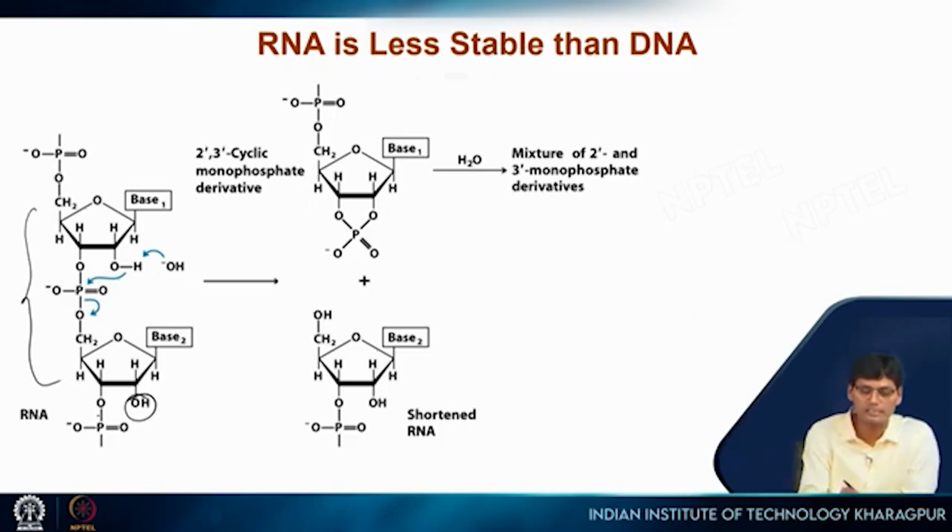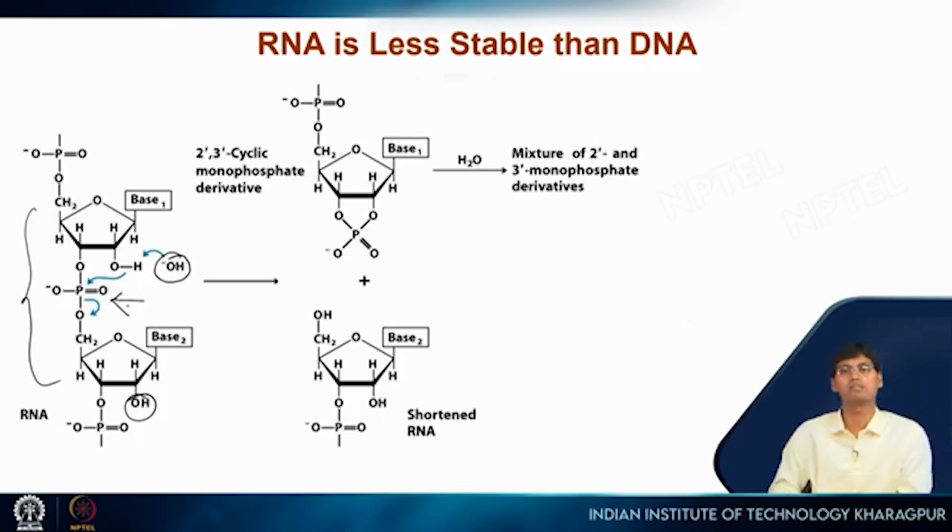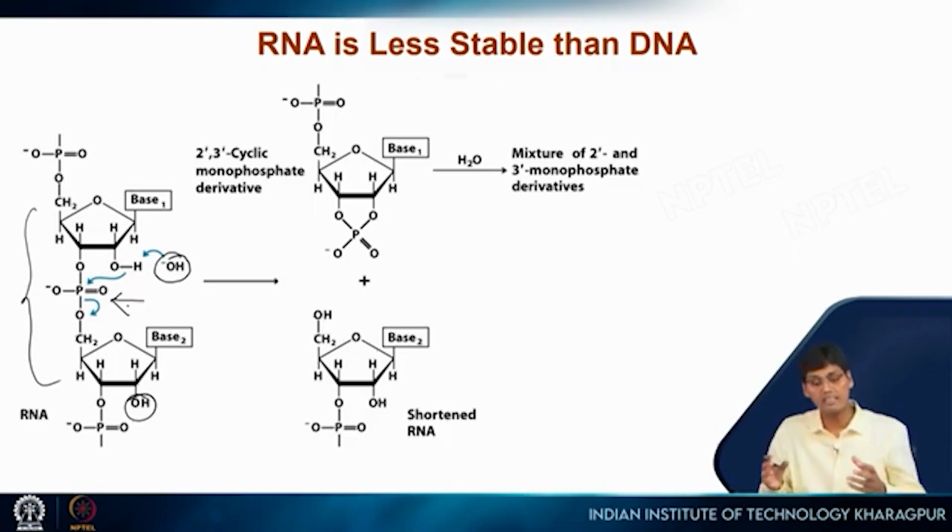In that condition, we have excess OH minus ions in the surroundings. From there, it will start a reaction, and that will finally hydrolyze this phosphodiester bond. As a result, it is very easy for the RNA to be broken down into small segments. That is the reason why RNA is a little less stable compared to DNA. And biologically, it is very important.